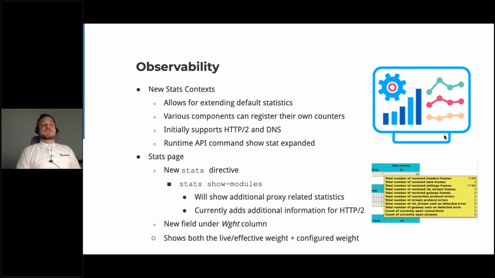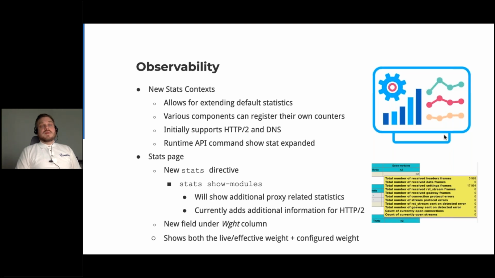This release introduces stats contexts, which allow for extending the default statistics. This will allow various components to register their own counters, and the two new contexts that are supported initially are based around HTTP2 and DNS. These will allow you to get detailed information from the connection level of HTTP2 and also gain insight into the activity behind the resolver section of HAProxy.